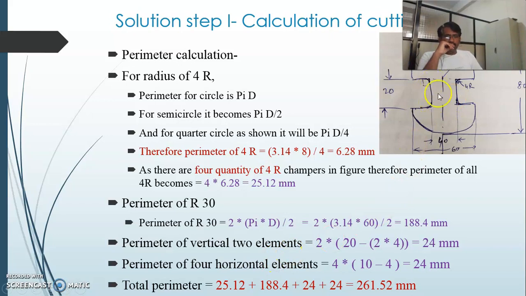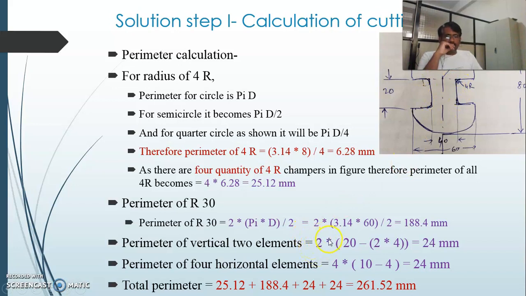Now the next elements are the two vertical elements, but the actual height of these vertical elements you should consider by subtracting the quarter circles at either side. For that purpose we have considered the perimeter as 2, since the elements are two vertical.